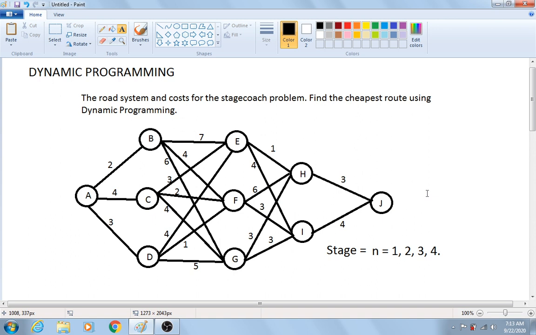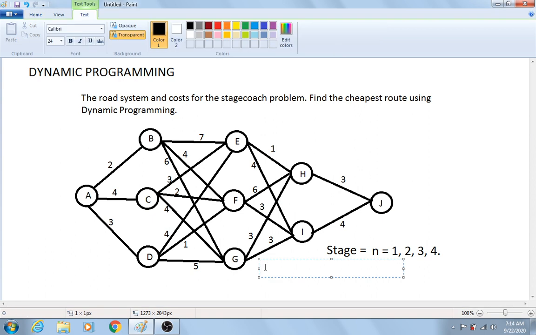Now, for every stage, we also have what we call the state, or the condition. For every stage, the state will change. In this problem, it is easy to see that the state will be our position.